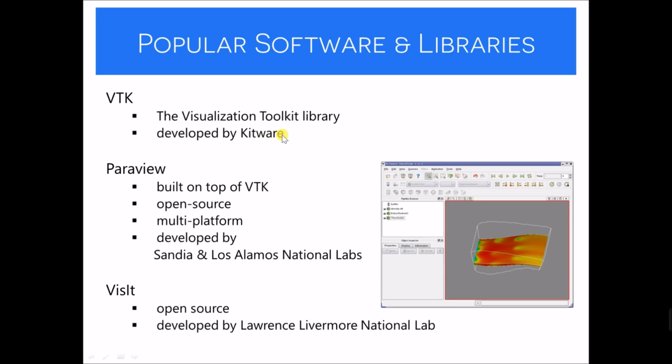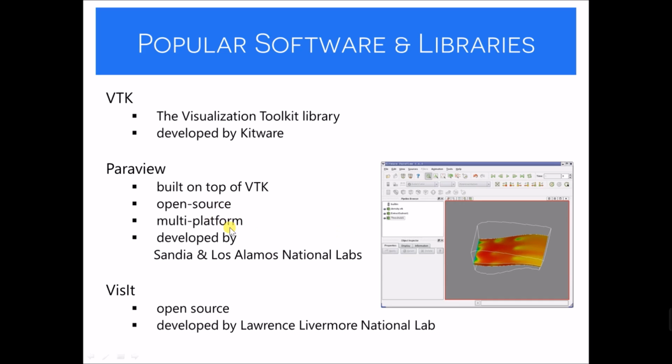But Kitware is managing this, a company in upstate New York. ParaView is built on top of VTK, is open source, and multi-platform, and is mostly developed by Sandia and Los Alamos National Labs. So it's basically the next step up, right? ParaView is parallel.